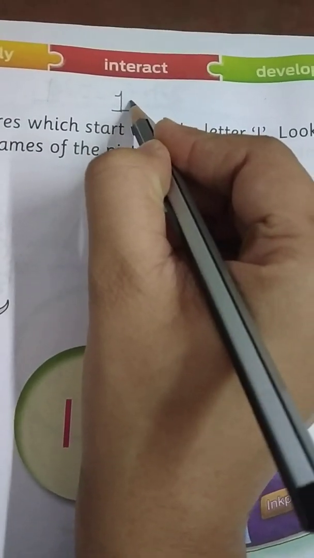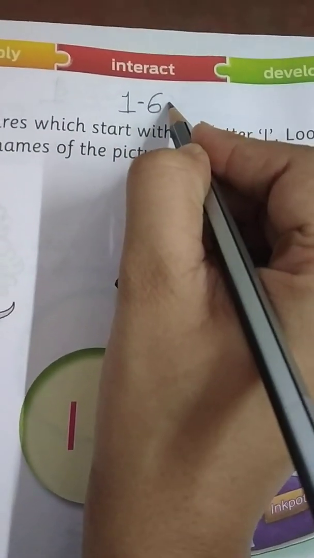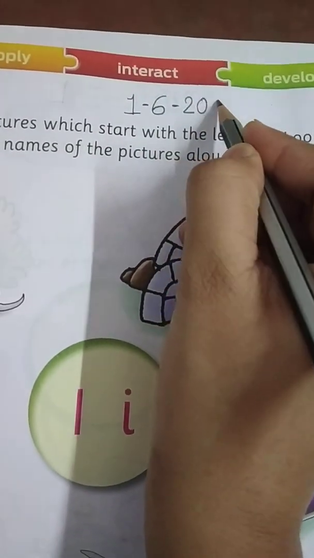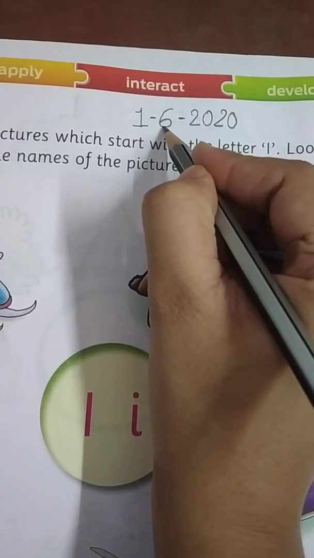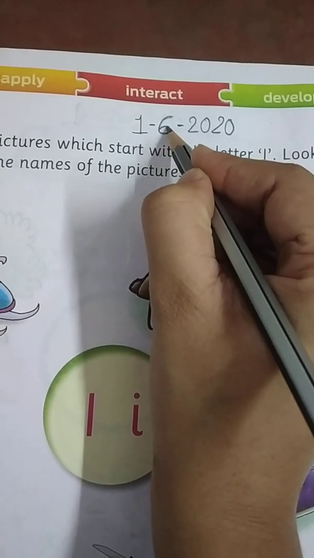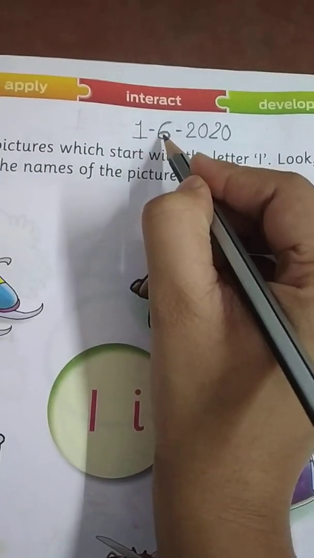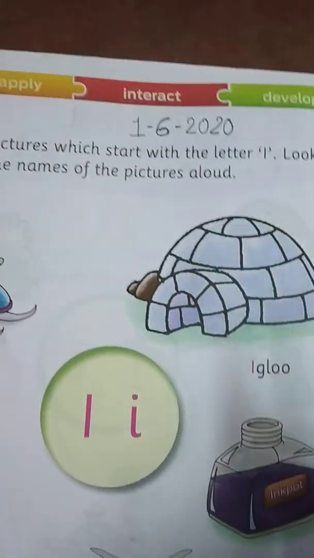Then hyphen. Then 6, again a hyphen, and then 2, 0, 2, 0. We were writing 5 here, but now we will write 6 because June is the 6th month. So date is 1/6/2020.